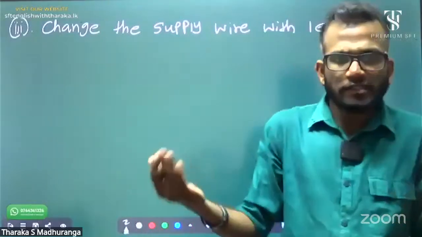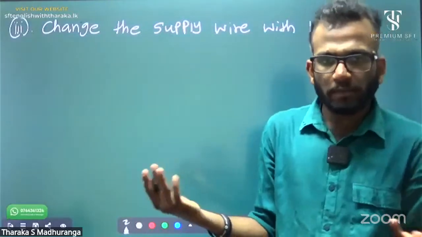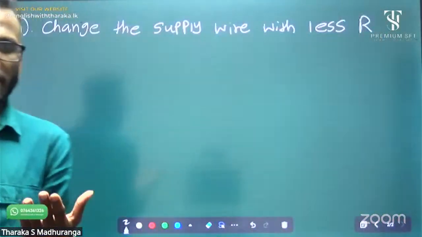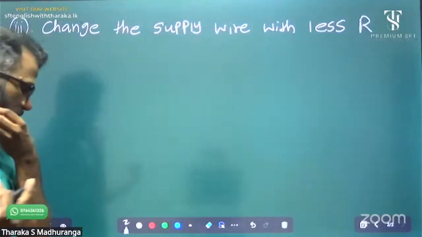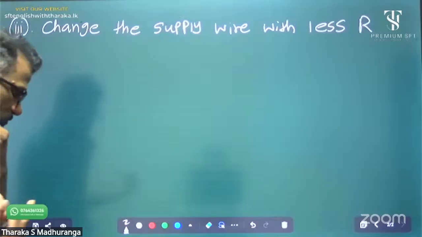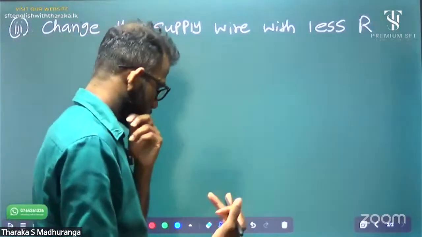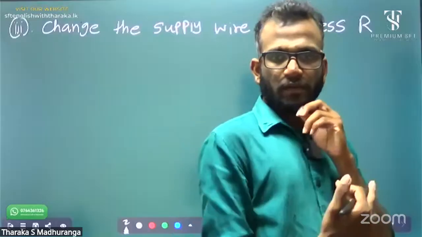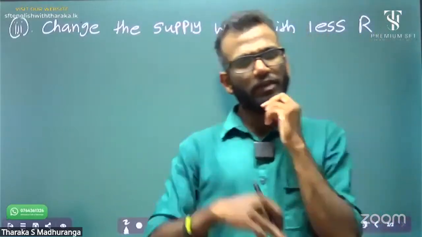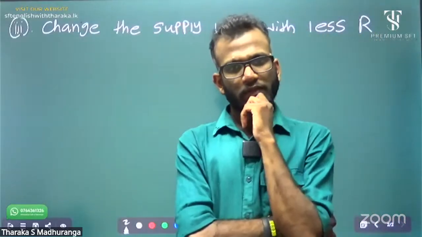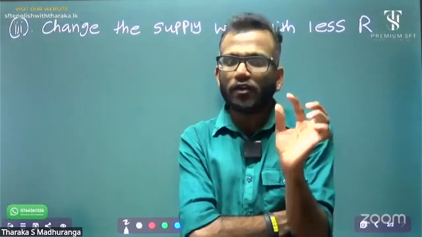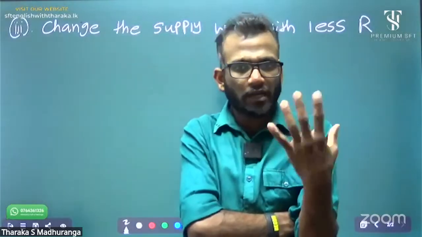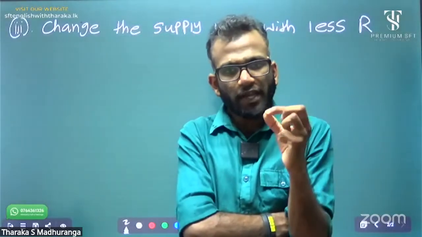Okay, what else? What other practical suggestions? We can use another one, very good. Yes, according to our current density knowledge, we can increase the thickness or cross-section area of the supply wire.